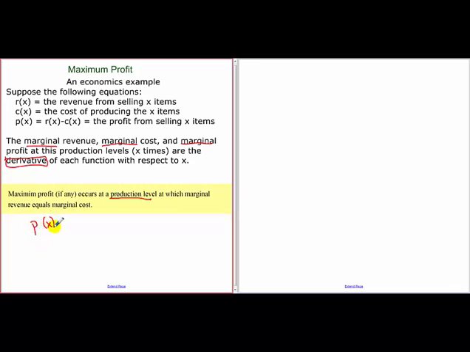Profit is this equation. If we want to maximize that equation, we take our derivative. Remember, our derivative is what we call the marginal of each one of these functions. Remember, when we're trying to maximize or minimize, you set the derivative equal to 0.